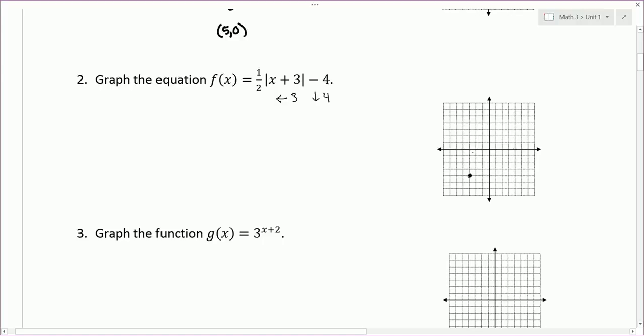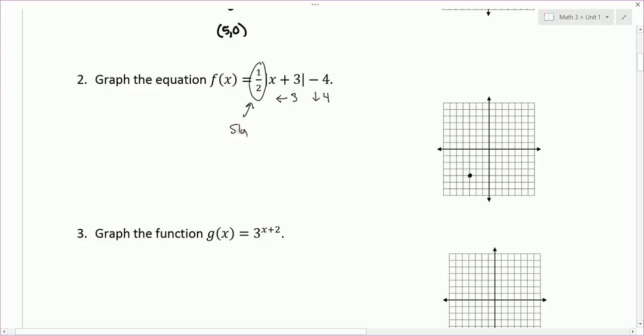Again, we need some more points here. The leading coefficient is positive, so this is opening up. Because this is a linear absolute value, we get that a V is created by 2 line segments. We can use that 1/2 and think of that 1/2 as a slope to help us find another point. Remember, slope is rise over run, and this is really the slope of the right half of our absolute value only, okay?